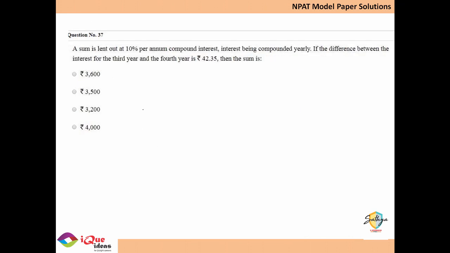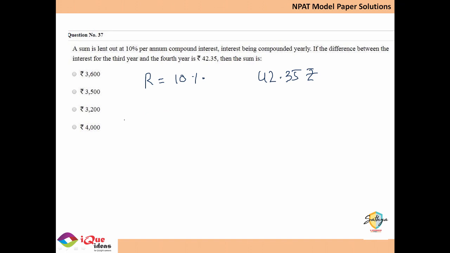Now it is said that the sum is lent out at 10% per annum compound. So rate of interest 10%. The difference between the interest for third and fourth year is 42.35. Right, 42.35 is the difference between the third and the fourth year's interest.